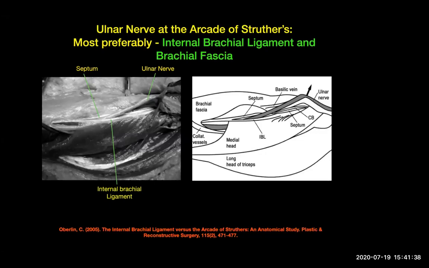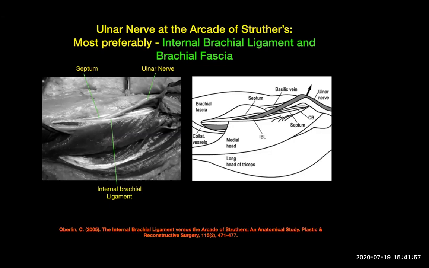So as the ulnar nerve emerges from the area of the triceps, there is an internal brachial ligament. Okay, as you can see here, it's better to view it on the diagram so you will understand what the structures are all about.